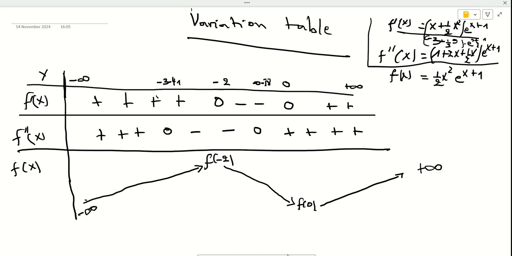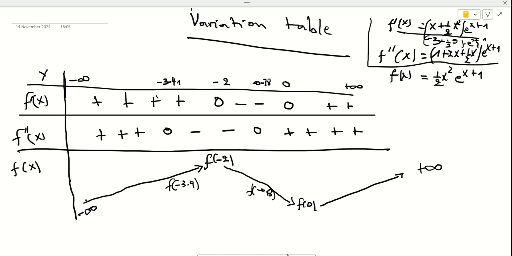And what about the concavity? We have f of minus 3.4 somewhere here, and we also have f of minus 0.58 somewhere here.